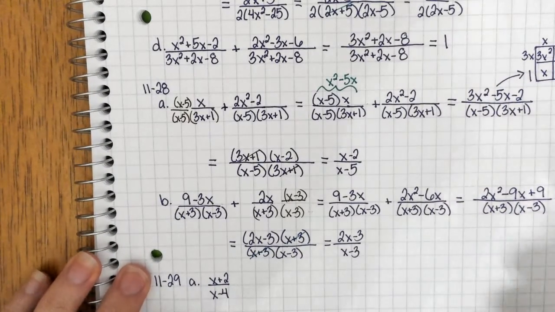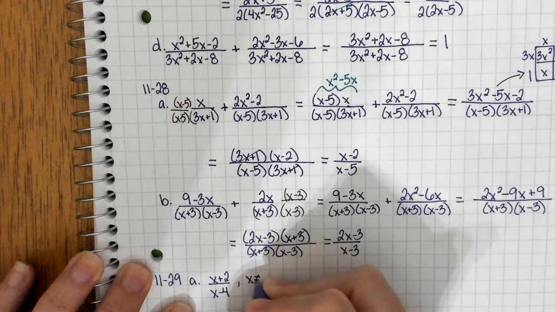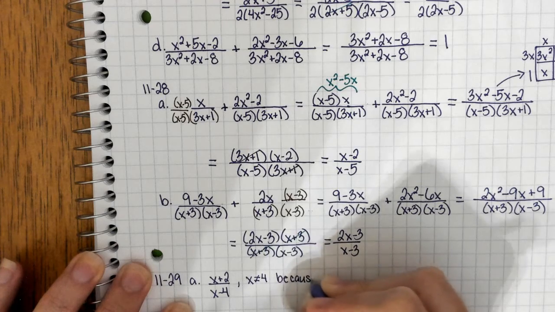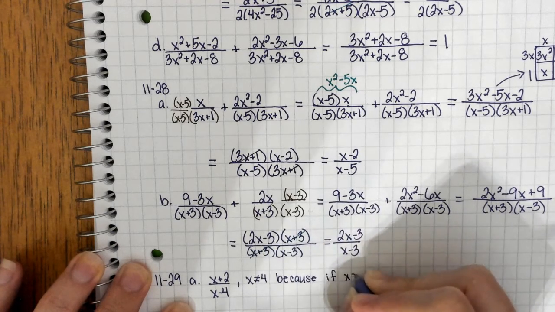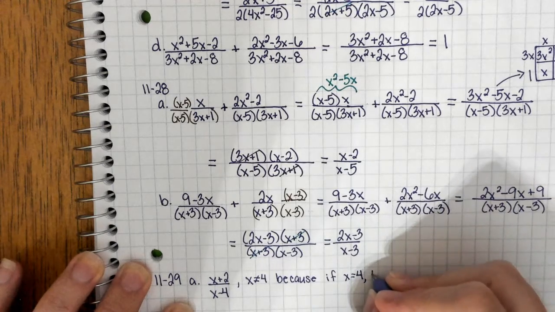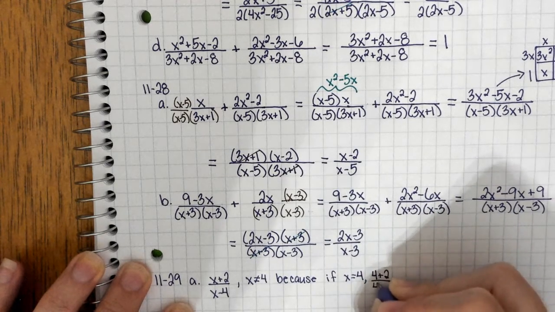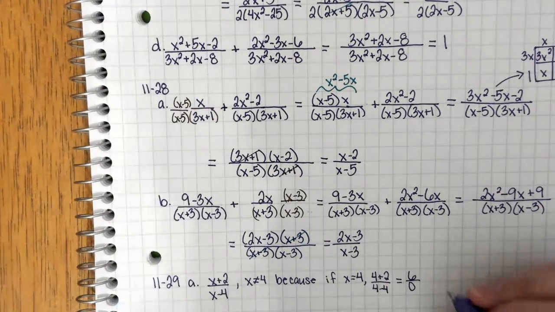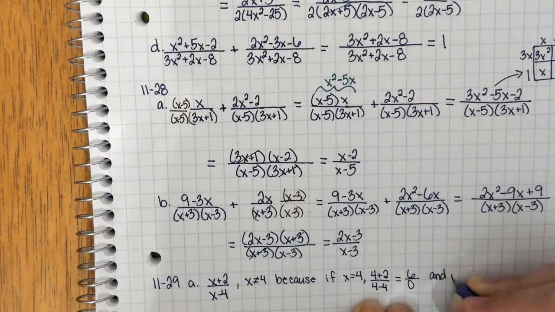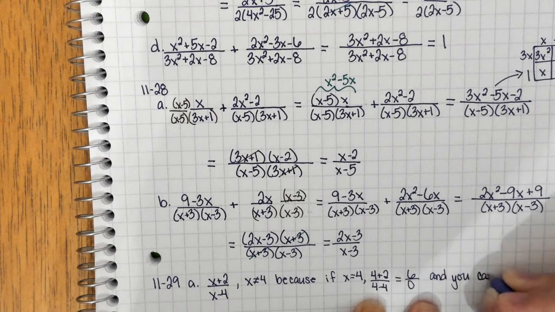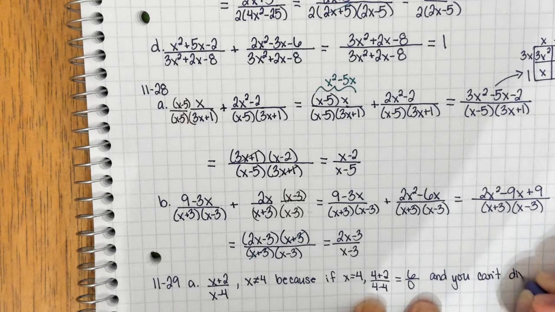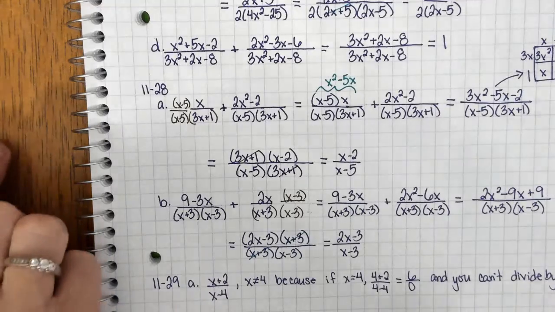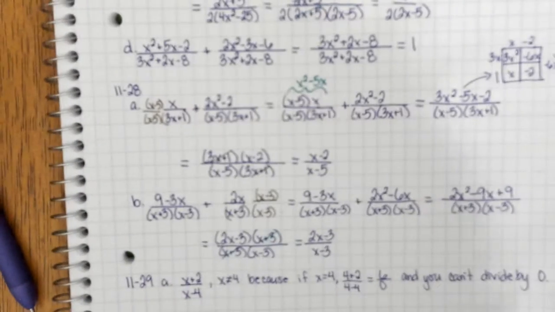So x doesn't equal 4 because if x equals 4, we would have 4 plus 2 over 4 minus 4, 6 divided by 0, and you can't divide by 0. Oops, that says can't divide by 0.